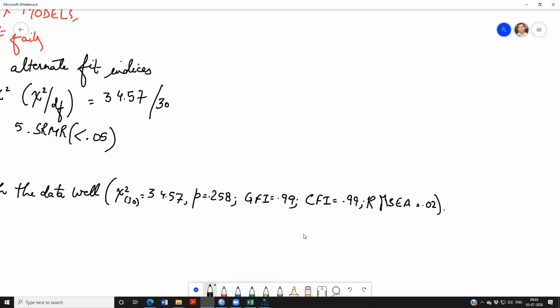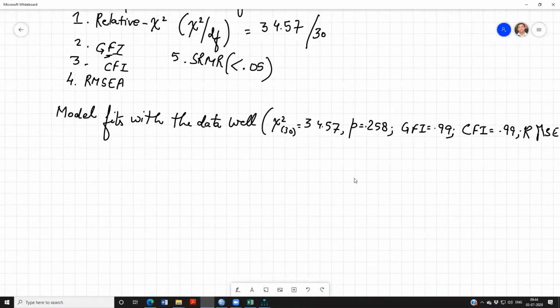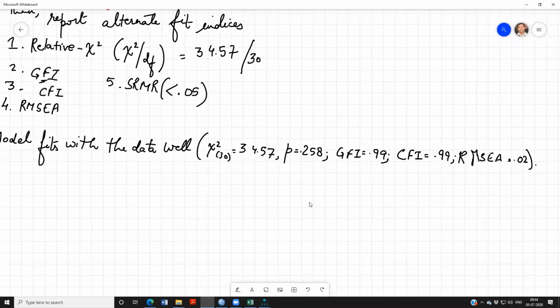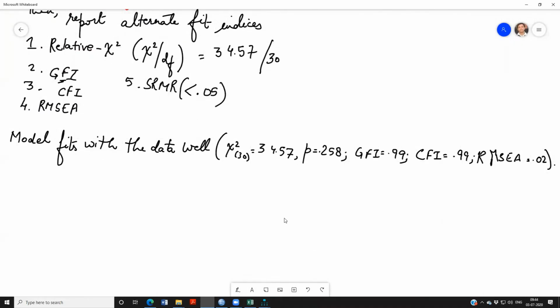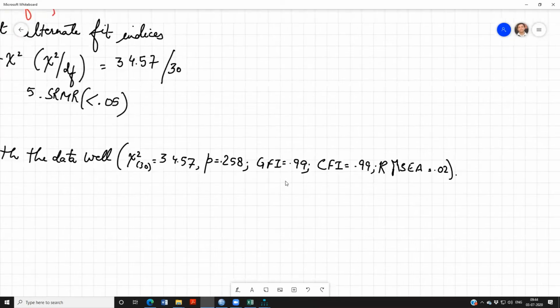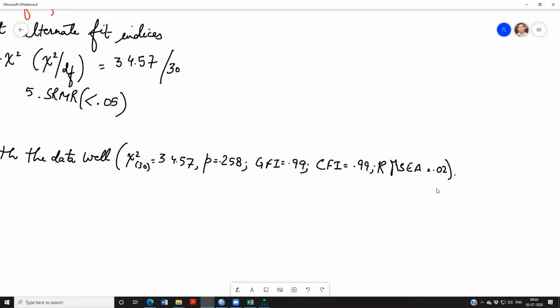So this is one statement in your paper where you will say that when I did my CFA, the CFA fitted the data well, and these were the fit indices.